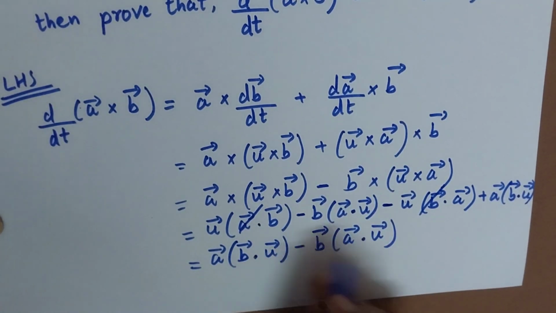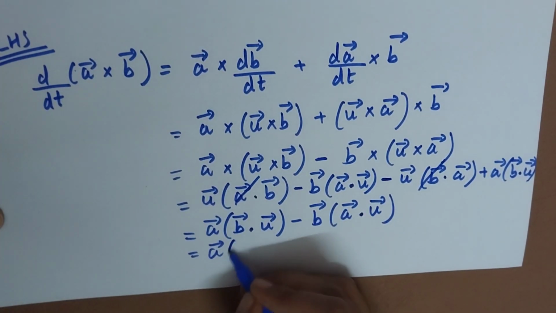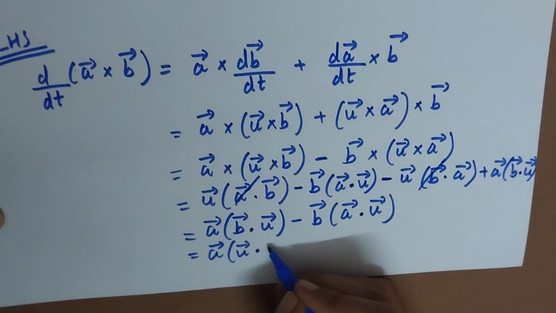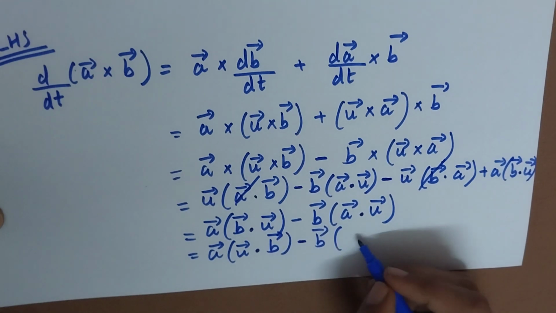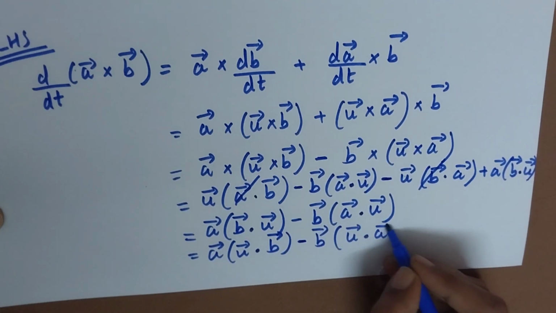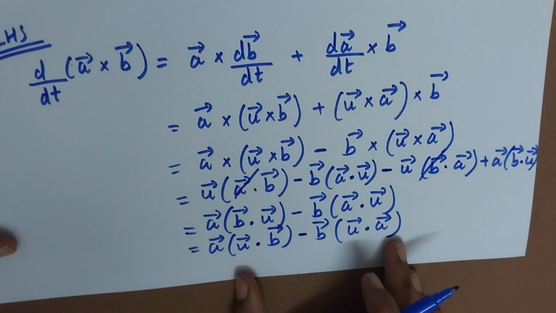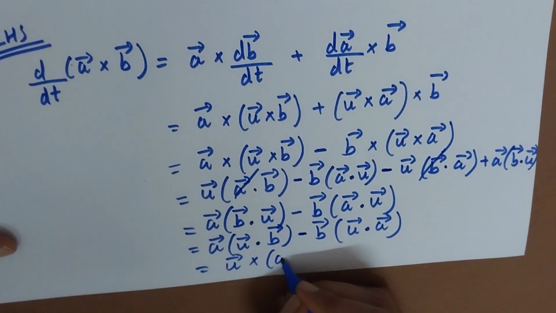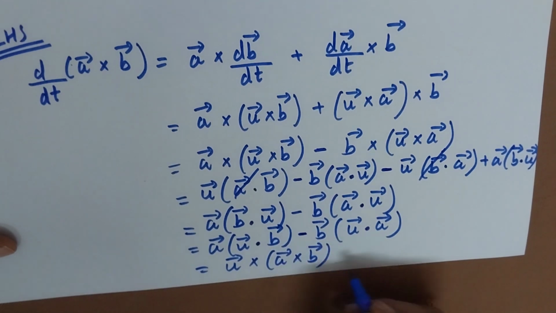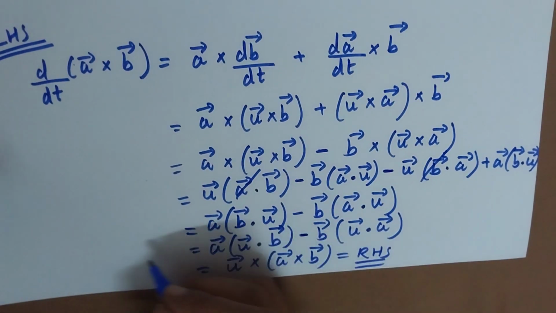Now this can be written as a times (u dot b) minus b times (u dot a). Now when you see this, we can write it in the form u cross (a cross b). So this was our RHS. This is equal to our RHS. Hence we proved.